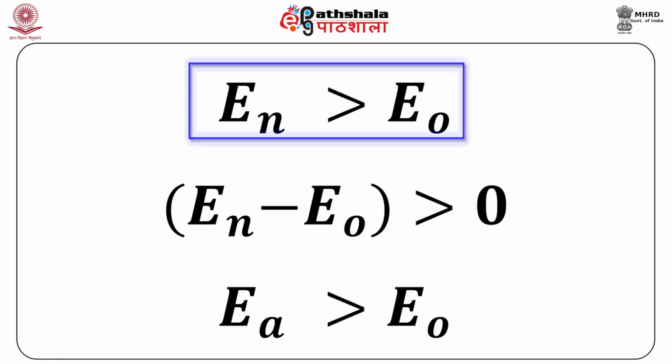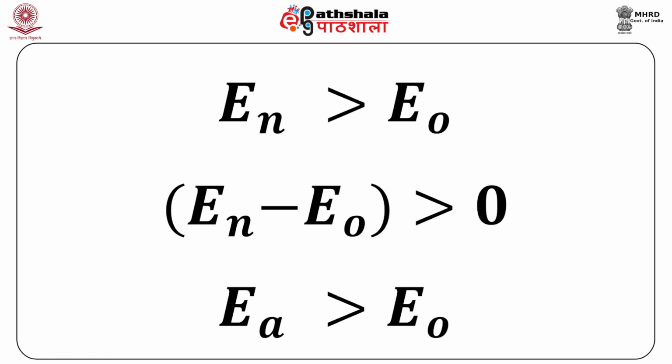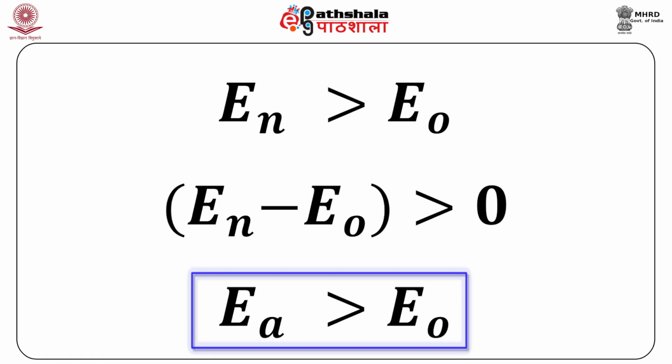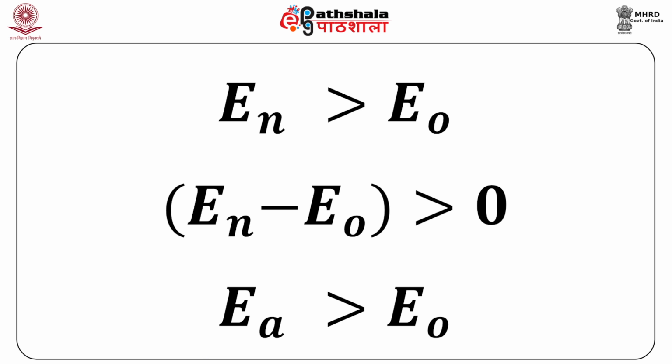Therefore, from here we get En is greater than E0 or ultimately EA is greater than E0, and that's basically what the variation theorem says.